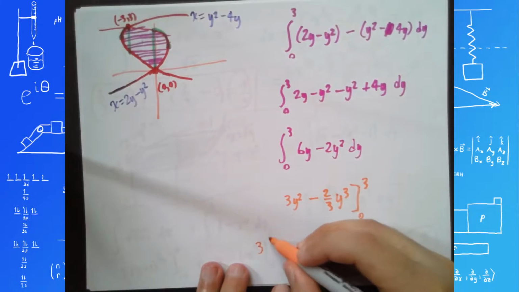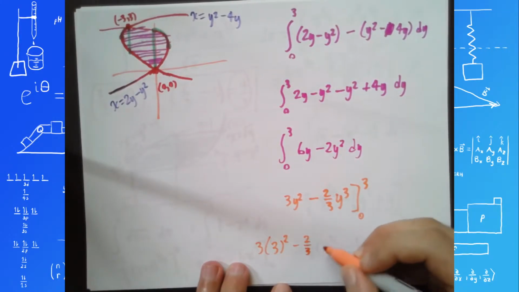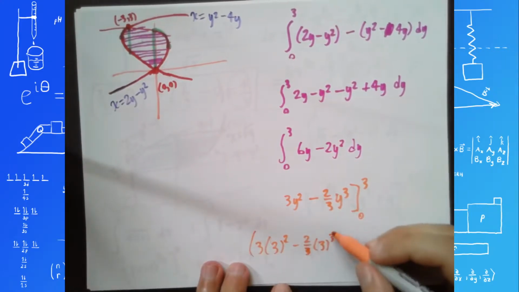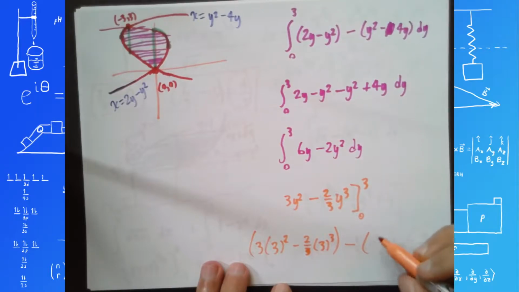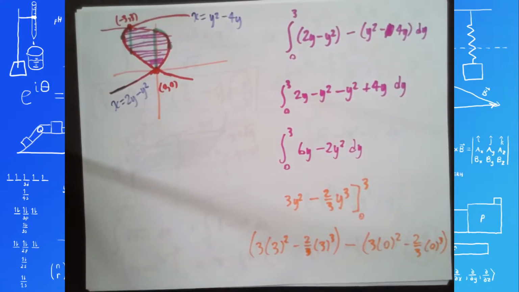Plugging in 3, we get 3 times 3 squared minus 2/3 of 3 cubed, and then minus 3 times 0 squared minus 2/3 of 0 cubed. Okay, the zeros give us nothing. No surprise there.